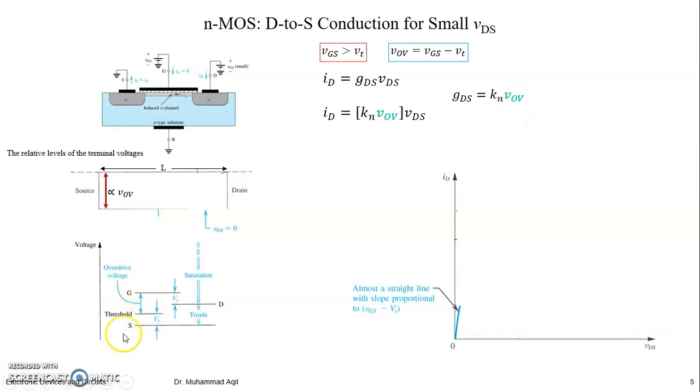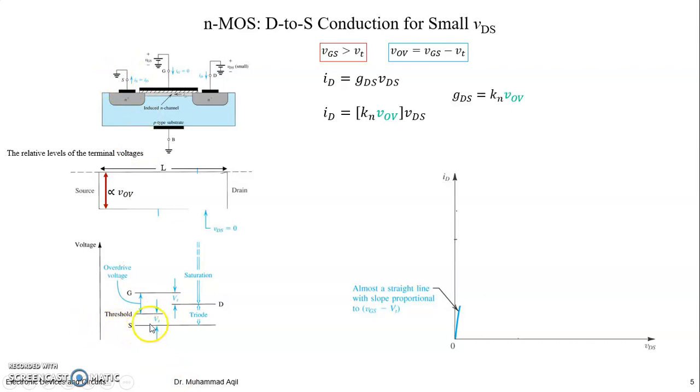And how about this diagram? For this slide only, please understand that the voltage value increases from bottom to top, and the source is at the lowest potential compared to the other terminals. Because in this slide you have connected your source to ground, this is the zero potential.